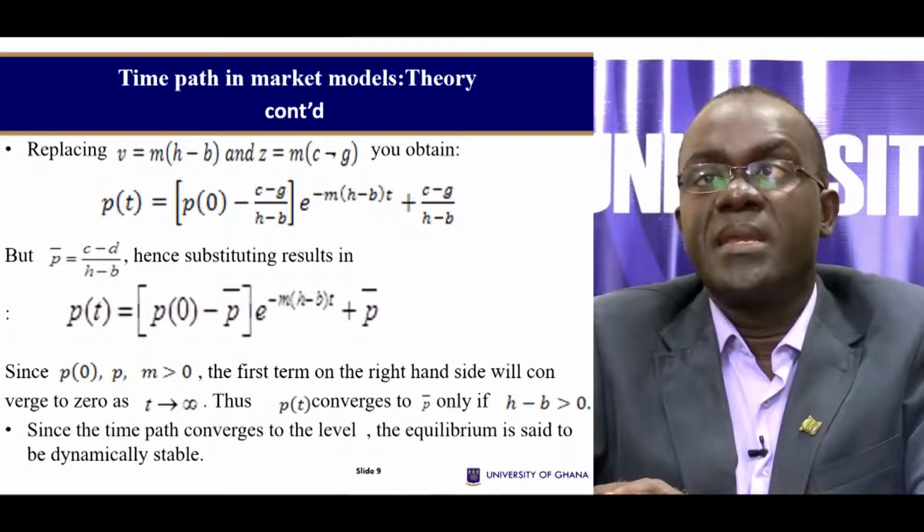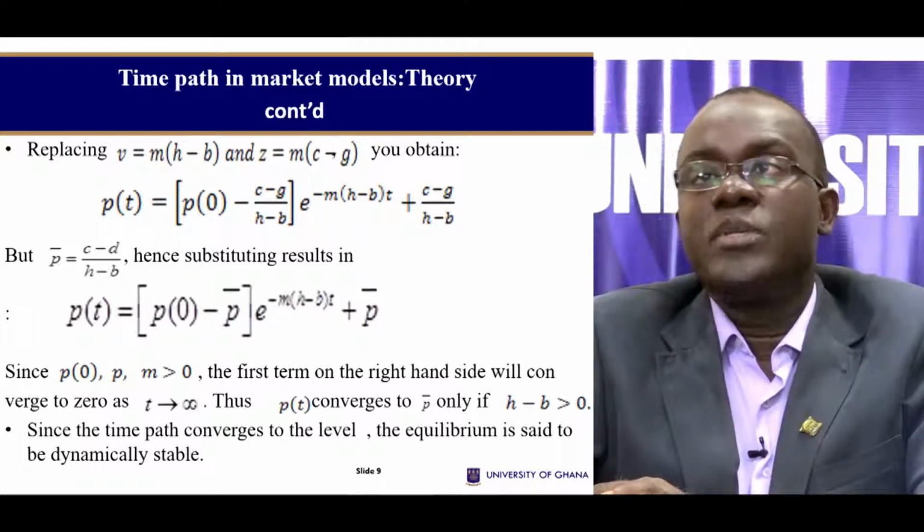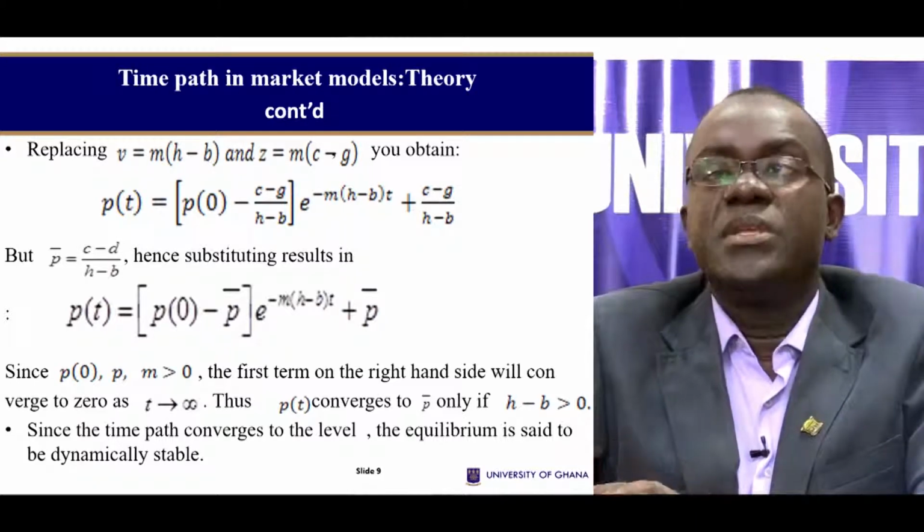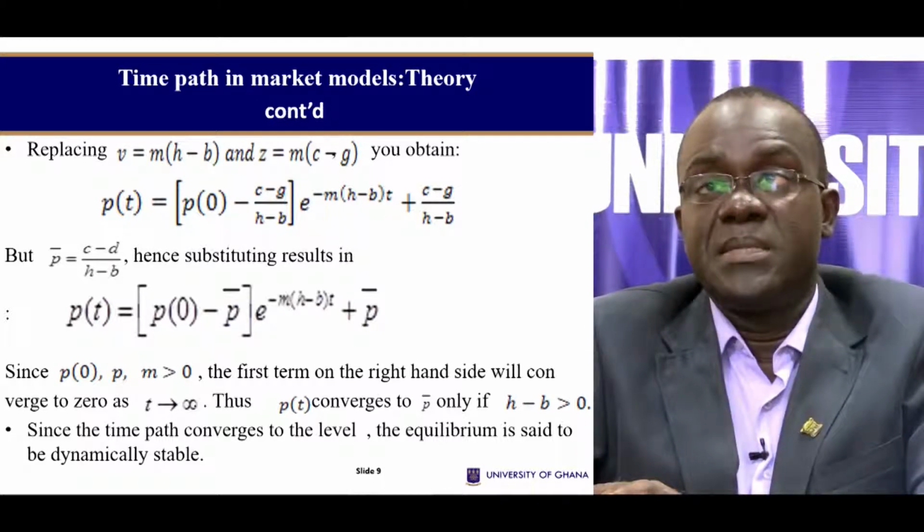When this is positive and multiplied by infinity, 1 divided by E raised to the power infinity becomes a very small number that turns into 0 as T turns into infinity. So the only condition under which this will turn into 0 as T approaches infinity is when H minus B is greater than 0. Under that condition, we say there is dynamic stability.